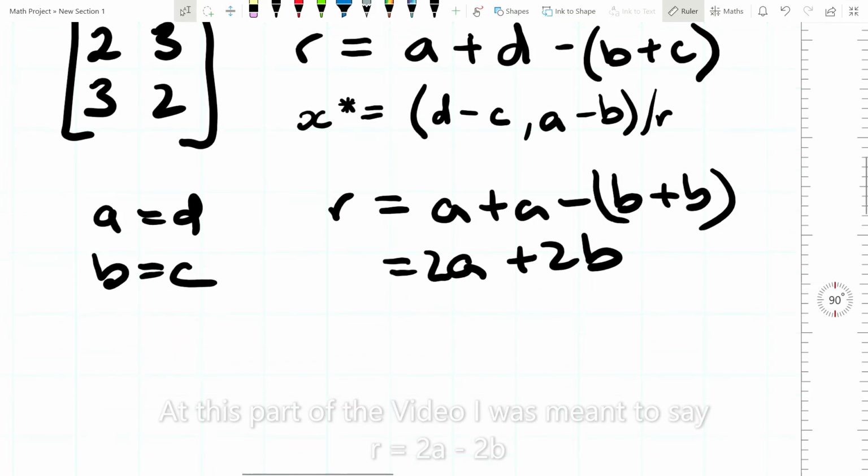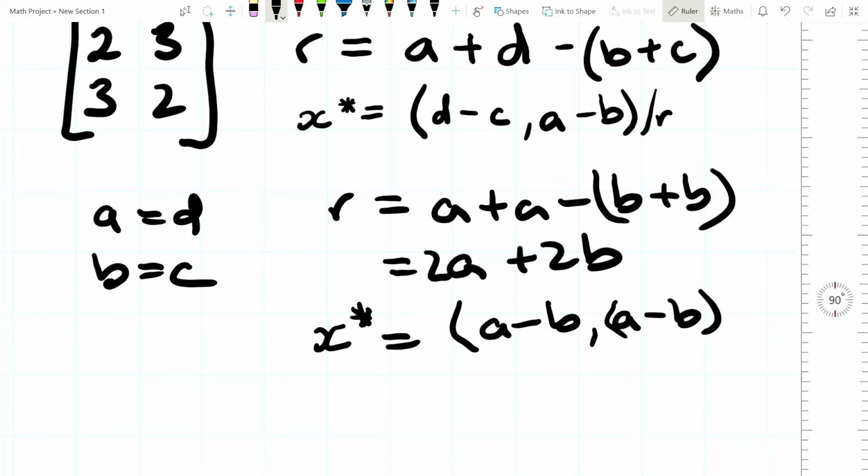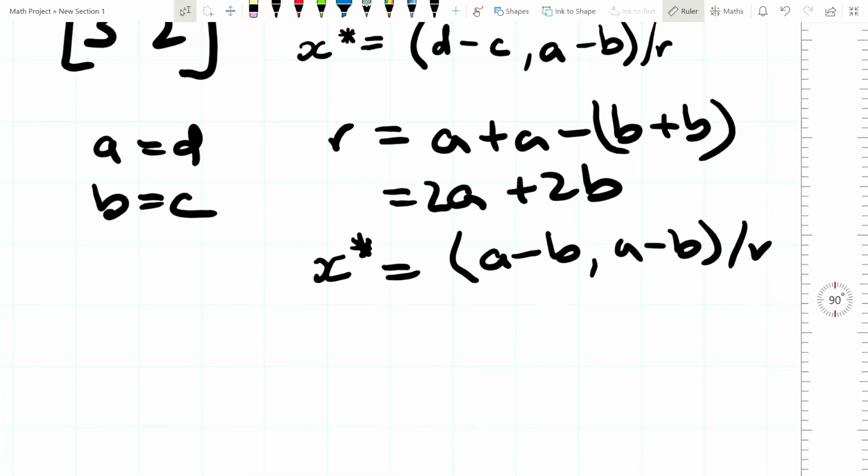And then for our optimal strategies for x prime, we will get a minus b, comma, a minus b, over R. And from here we can show that it equals half over a minus b.